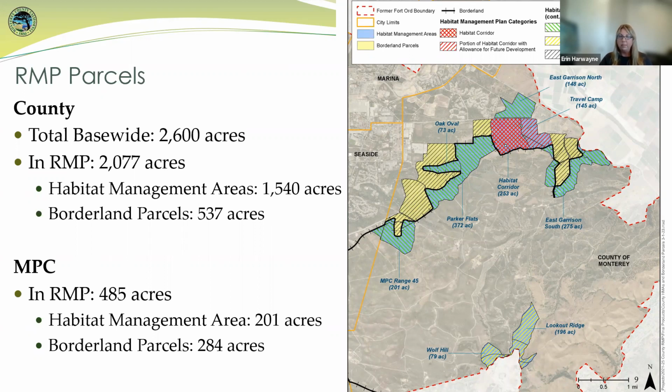Now in the center there, Melanie, maybe you want to put your cursor on the habitat corridor and youth camp parcels. These have a designation that's very unique to the plan here. They're called out specifically as habitat corridor.